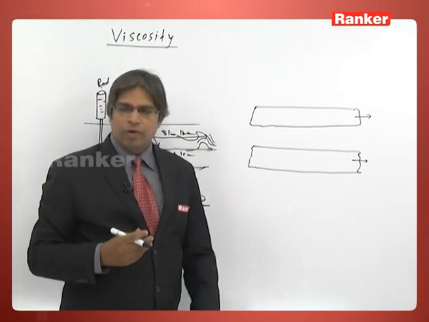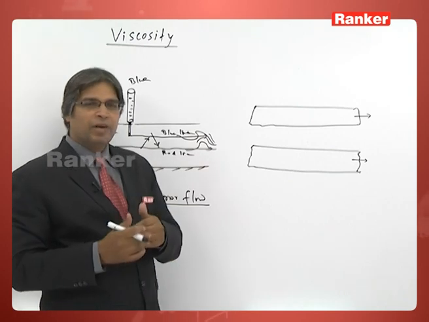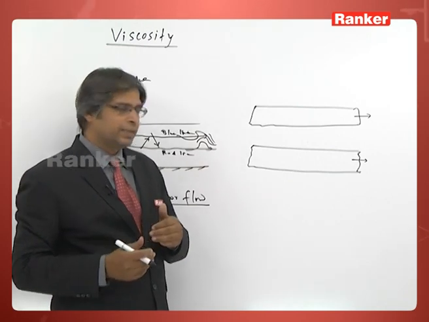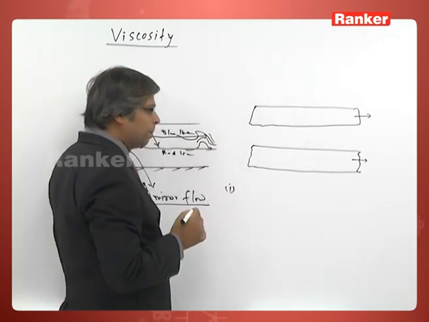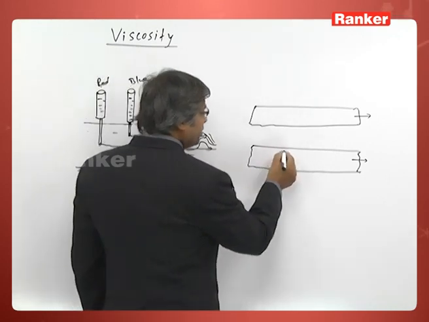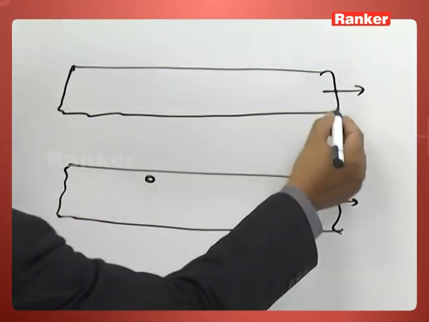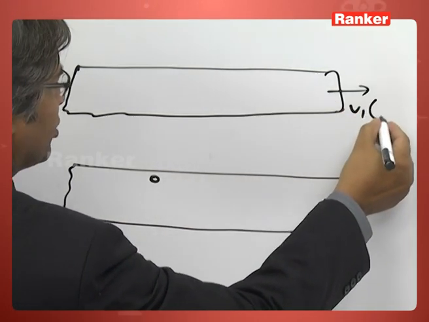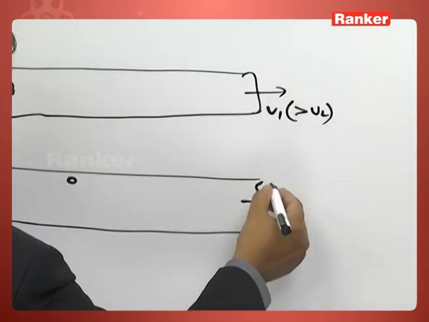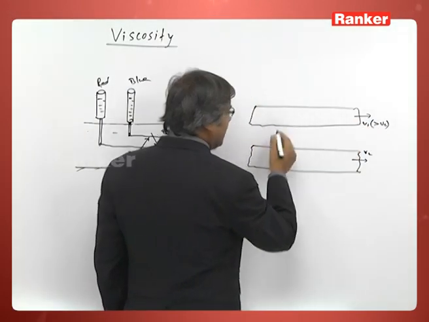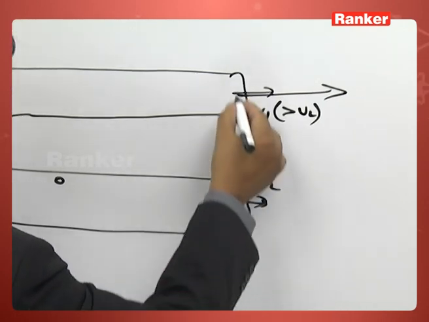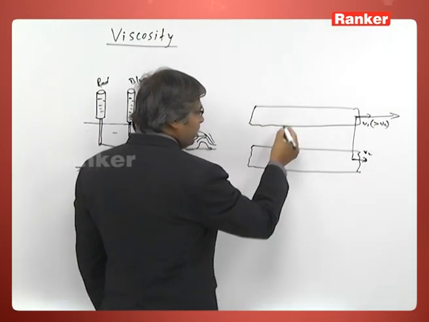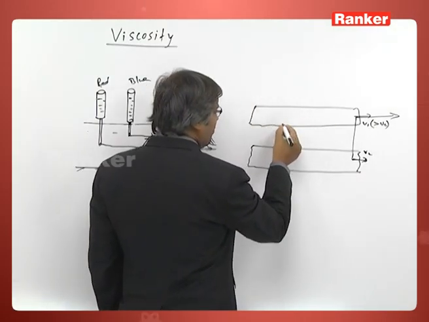Now, why do we have viscosity? What is the cause of viscosity? There are two main causes of viscosity. One is the exchange of particles. Suppose this layer is moving with a velocity V1 higher than V2. So, this layer has more velocity and this one has less. What will happen?